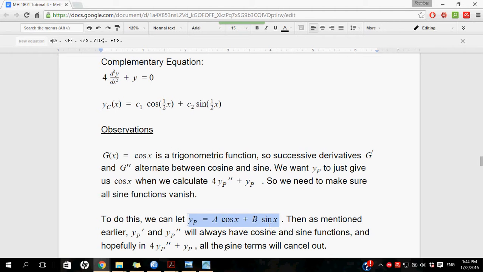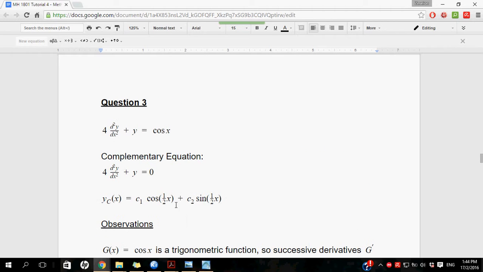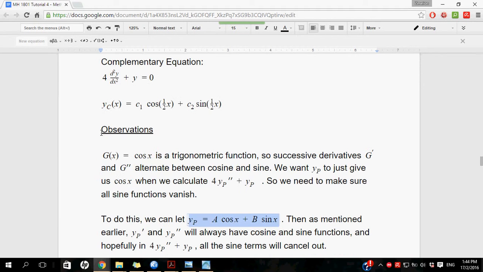Then what would happen when we take derivatives is that cosine and sine will swap places, and therefore when we substitute everything into the left hand side, what we will obtain is an expression precisely of this form.